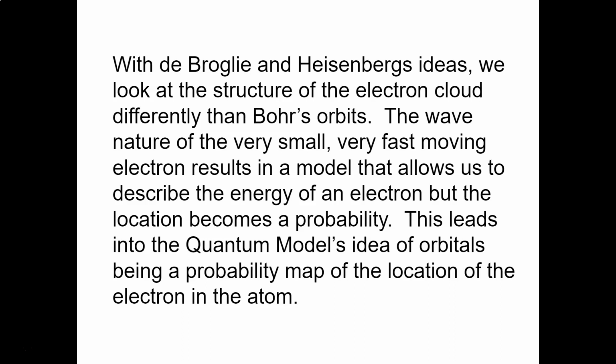You can talk about speed and you can talk about location, but you can't talk about both simultaneously. This is what led to the idea of the quantum model and the orbitals being probability maps. Remember, that's one of the things we learned in first year: orbitals are probability maps of where you're likely to find an electron 90% of the time.